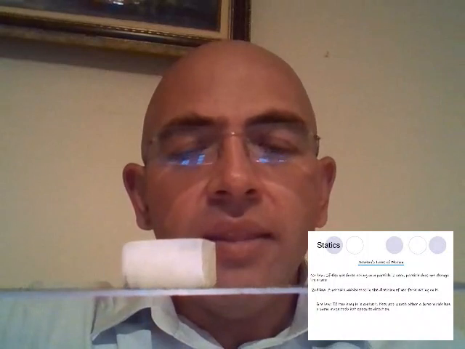Now, again, I take my ruler. Now, I have an eraser and I put it here. So what will be the force between the eraser and the ruler? Okay, they apply each other a force because this has a weight, or let me take the eraser.